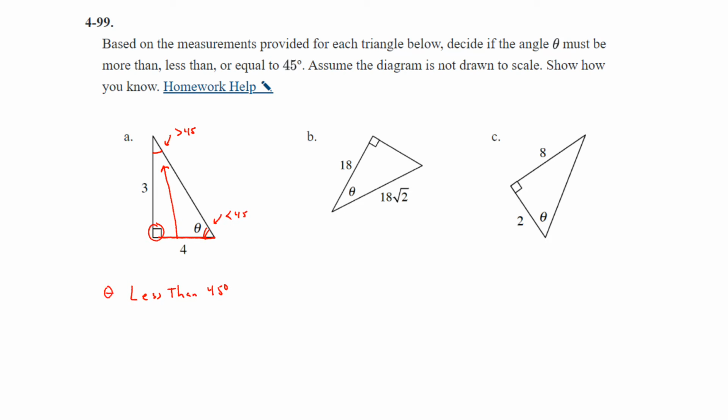Part B, we have another right triangle. And we have a hypotenuse of 18 square root of 2. And then we have the leg as 18. So on this one, we might want to go ahead and find the second side length of the triangle by using the Pythagorean theorem. We have 18 squared, call this one x, plus x squared is equal to 18 root 2 squared.